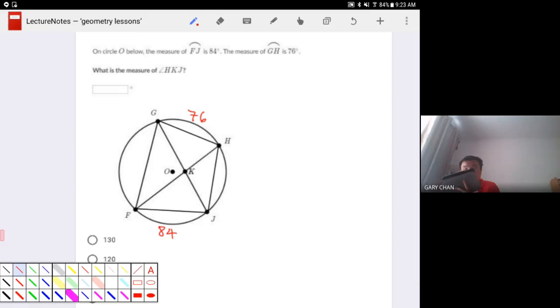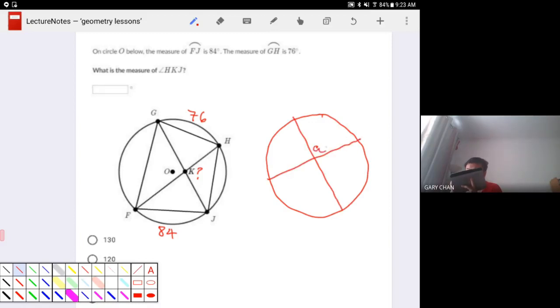And we want to know what is HKJ. We want to know what is this angle right now. Right? So if you look at the formula that I gave you just a moment ago, the formula looked like this, remember?